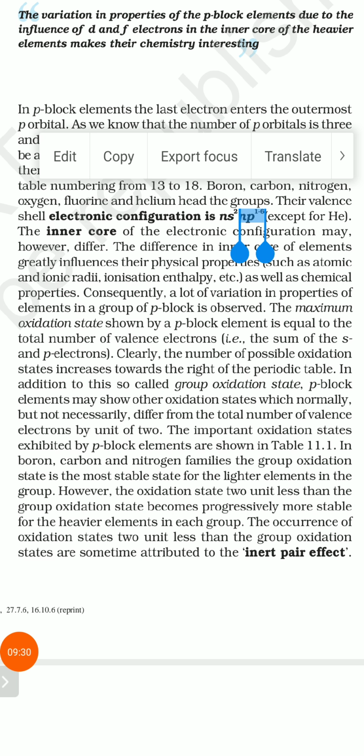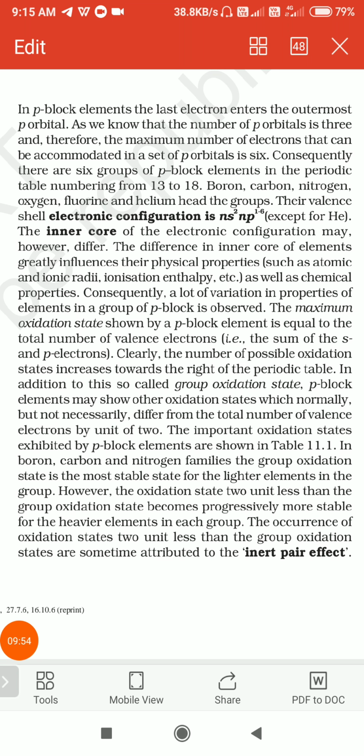Next, the 18th group elements are ns2 np6. That means the general electronic configuration for p block elements is ns2 np1 to 6, present from the 13th group up to the 18th group.